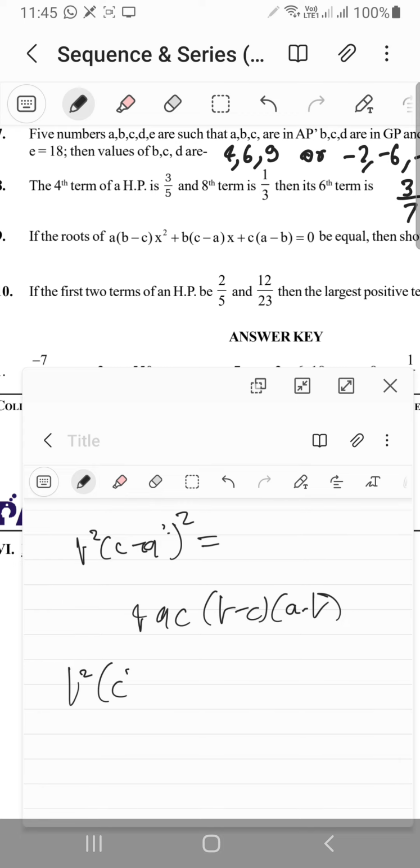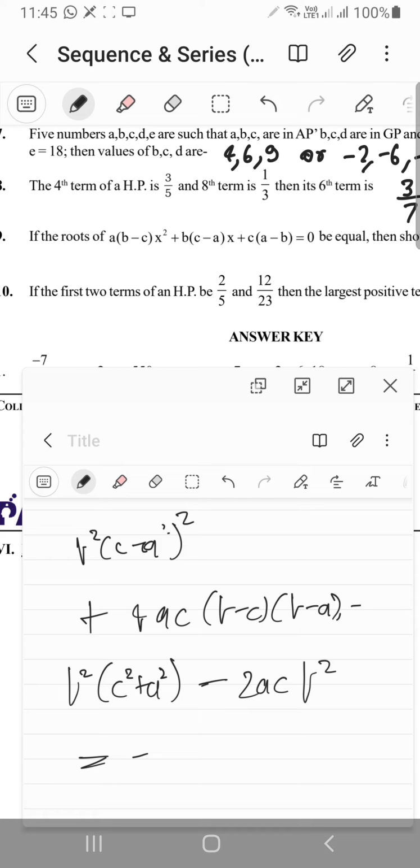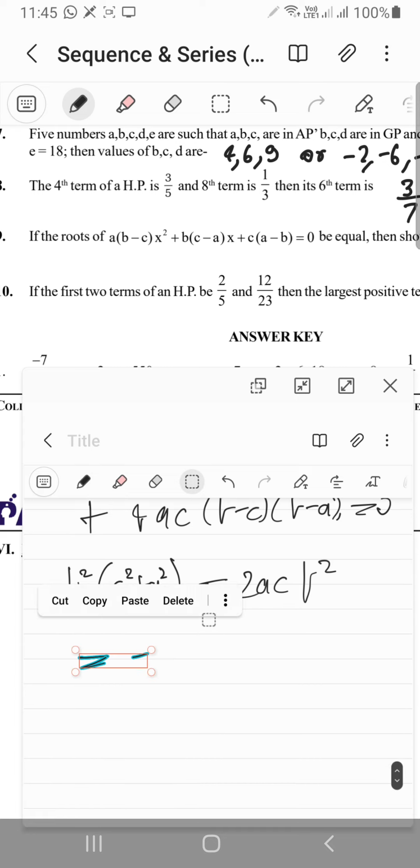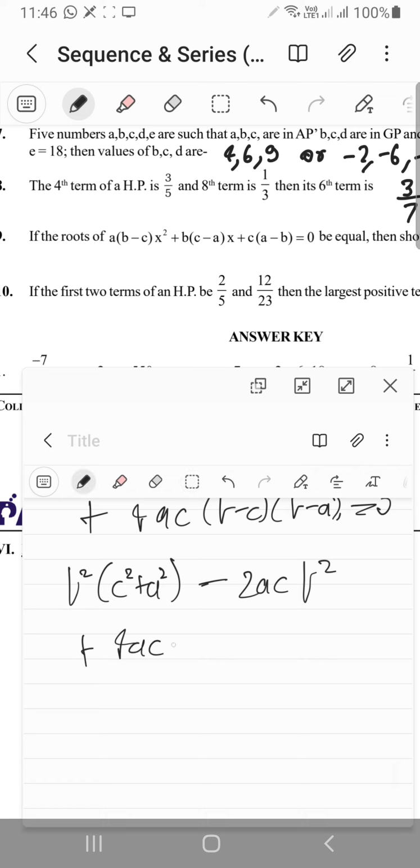So B squared into C squared plus A squared minus 2AC times B squared, that's going to be equal to, you can write this as negative 4, or just pull that together. So it's going to be plus over there, and this is B minus A, I think. Yeah, that looks right. This is equal to 0.